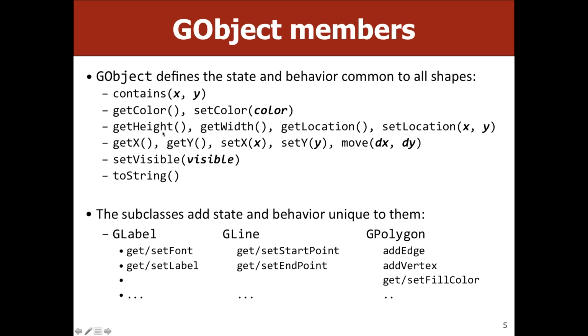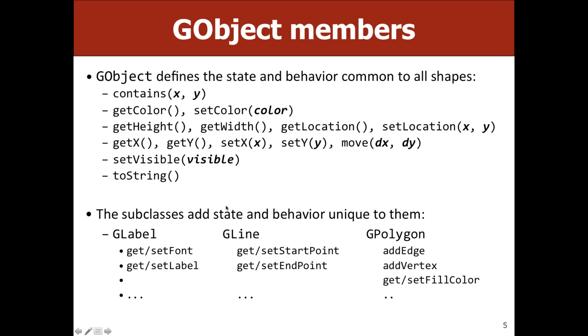The advantage of that is you get to say that there's all this common behavior. Various different types of graphics can contain a certain point or have a color or have a location on the screen, right? It doesn't really matter if what you're displaying is a string text label or a line or a rectangle. They're all going to be somewhere on the screen, right? So getX, getY means the same thing for all of those, right?